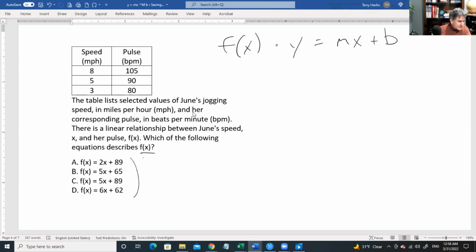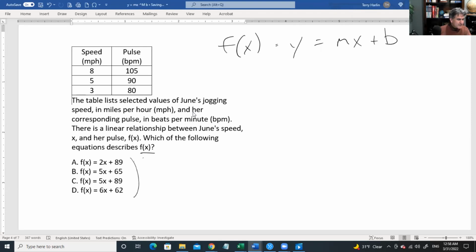Now we need to know which equation is going to match up with this table. So the table lists values. Again, this is one of these things where we probably don't need to read the rest of the prompt. We could probably just do it from here, but just to be on the safe side, the table lists selected values of June's jogging speed in miles per hour, and her corresponding pulse in beats per minute.